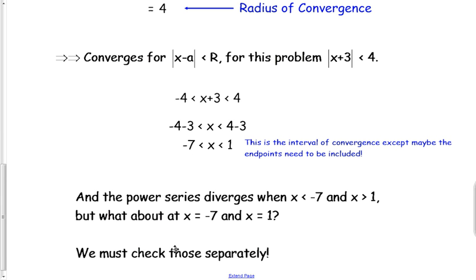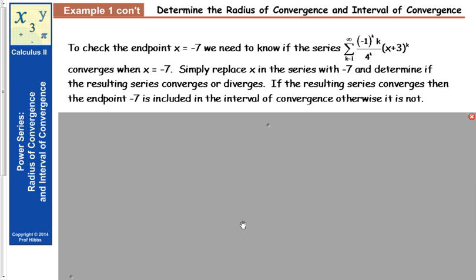And of course, as I was saying, we've got to check those endpoints separately. So as we move to the next page, to check the endpoint x equals negative 7, we need to know if the original series converges when x has the value of negative 7. After all, here's what we're trying to find out: for what values of x does the series converge?